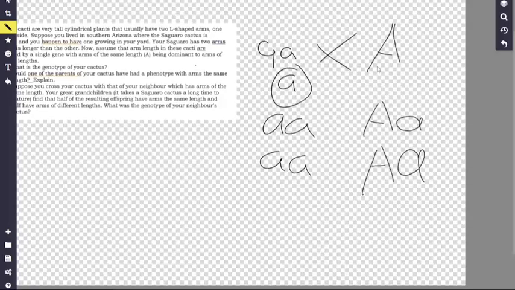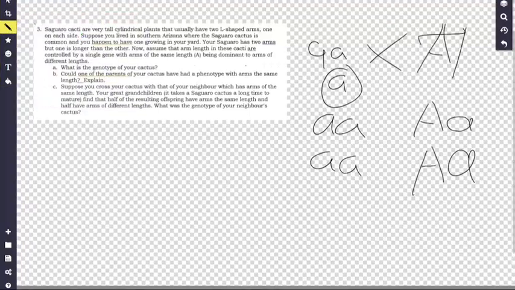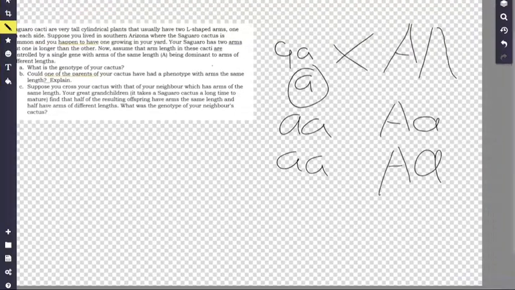So now let's just say the neighbor was fully homozygous, and the only thing it could pass on is obviously the big A. Sorry, homozygous.